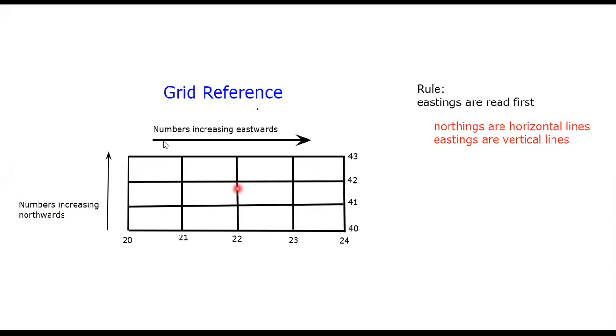If you notice, the eastings increase as you go towards the east, meaning towards the right: 20, 21, 22, 23, 24. Meanwhile, the northings are the horizontal lines, and they increase as you go northwards, or upwards.